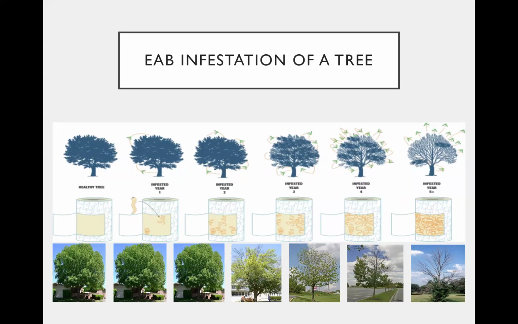So it starts with just a pretty mild infestation of a few beetles. And you can see this really great picture of the decline of a tree here. So, really big, healthy crown. You probably don't notice much in years 1, 2, 3. And then the population is going to build and build. And eventually, as you see on the right-hand side, under that bark, the cambium layer is just completely infested.